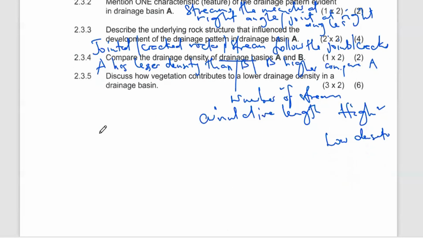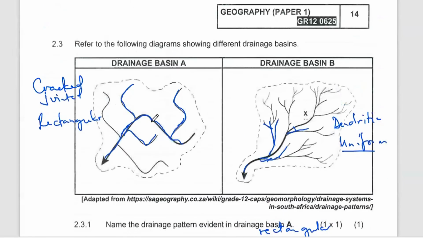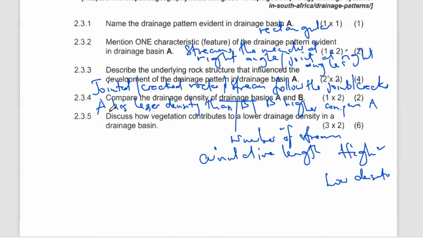A is a less dense basin compared to this, or this one has got a higher density compared to drainage basin A.